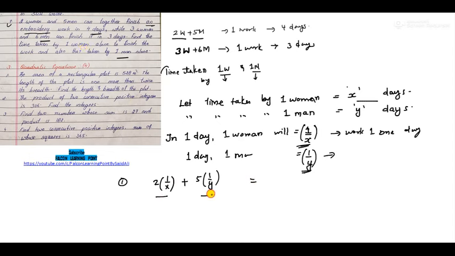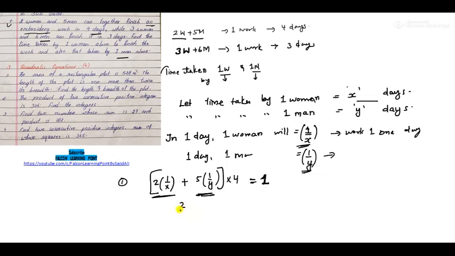So this is for a single day. Together the work will be completed, which means it will equal one complete work, but they are taking how many days? 4 days. So we multiply this whole by 4 because this is for one single day, but in 4 days they are completing that work.